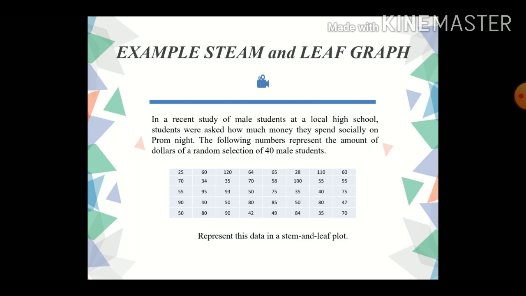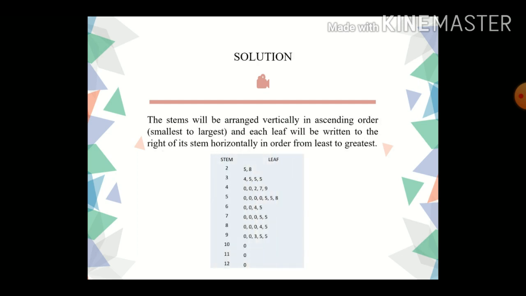Represent this data in a stem and leaf plot. Solution. The stems will be arranged vertically in ascending order, smallest to largest, and each leaf will be written to the right of each stem horizontally, in order from least to greatest.